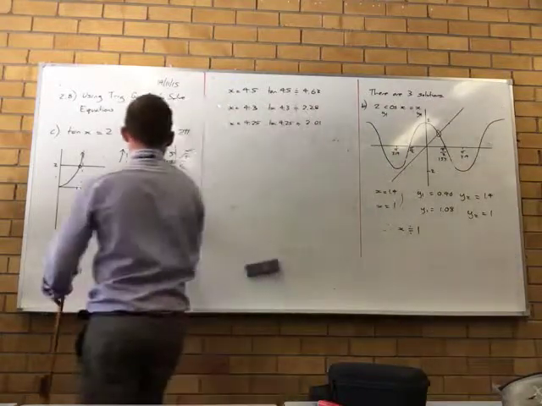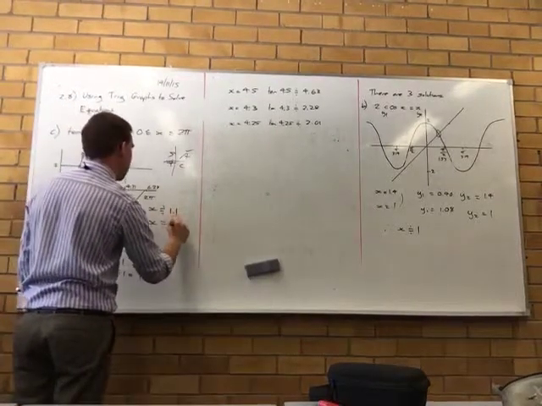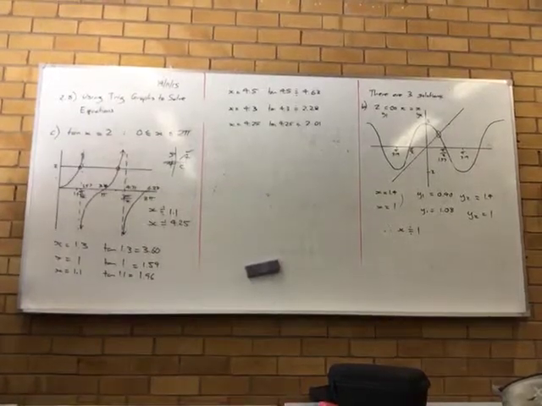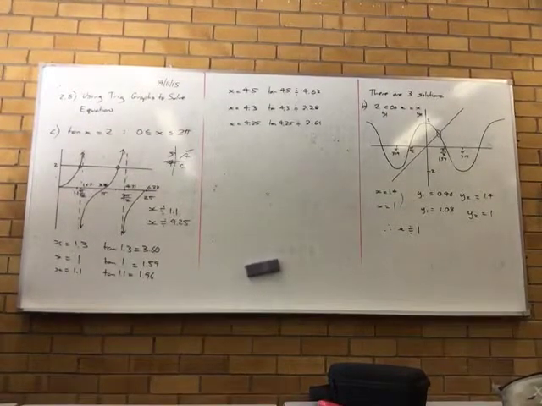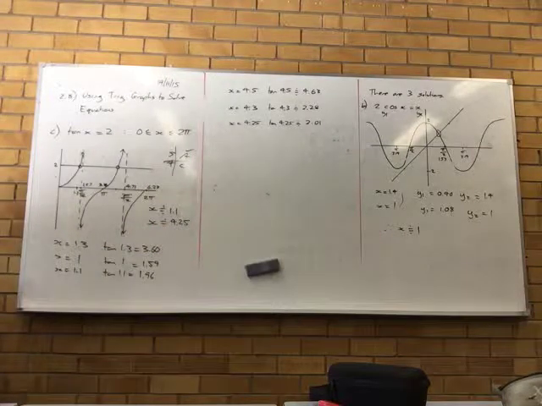So x is also approximately equal to 4.25. They might say approximate to the nearest whole number or to 1 decimal place or 2 decimal places. Obviously the more decimal places you go, the better your approximation will be. That's it.